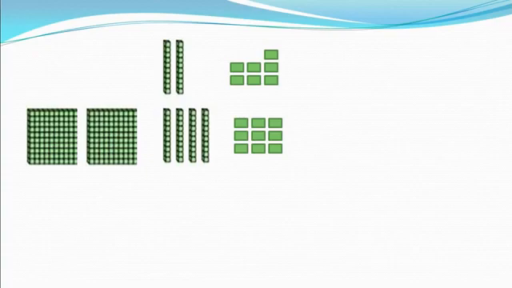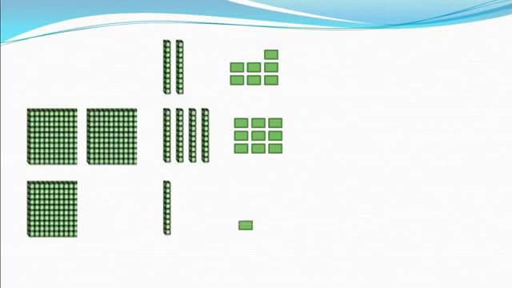Then there is 1 box of 100, 1 stack of 10 and 1, 2, 3, 4, 5, 6, 7, 8 ones blocks.